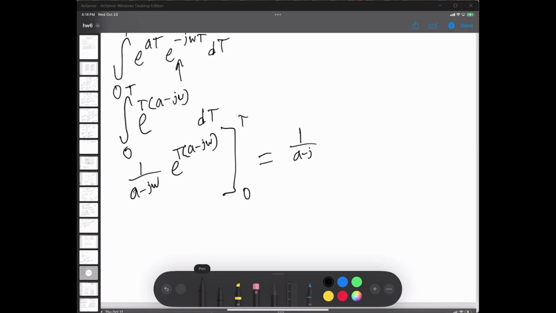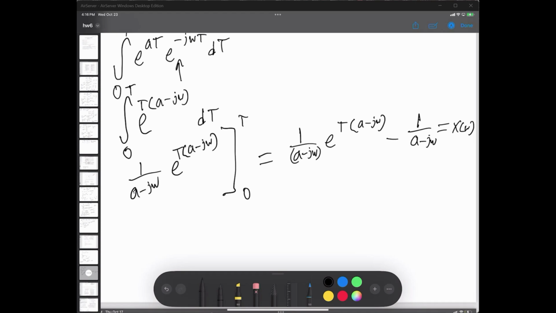Plugging in t, we just get the same thing, and then minus 1 over a minus jw. You could simplify this since they have the same denominator, but I'm not going to do that. That's equal to X as a function of frequency. Okay, so that's our solution for part 2 of the other drawing.